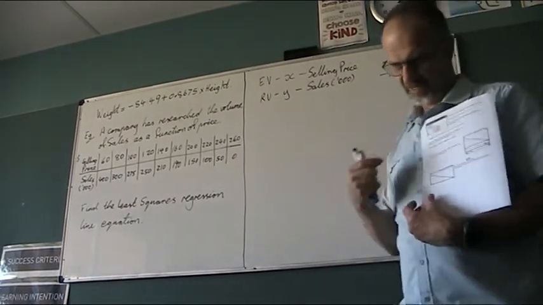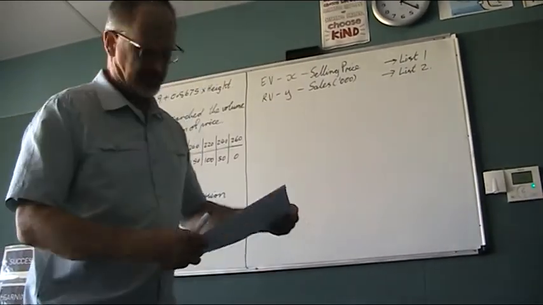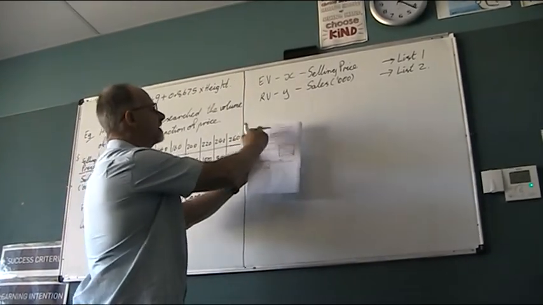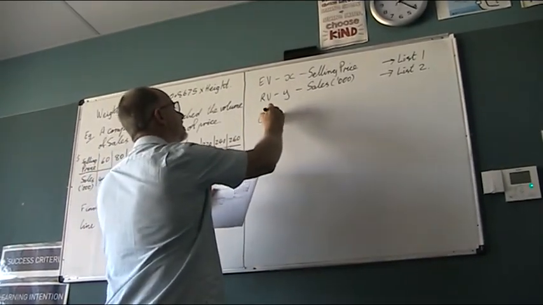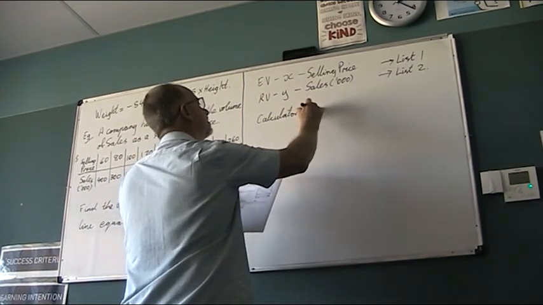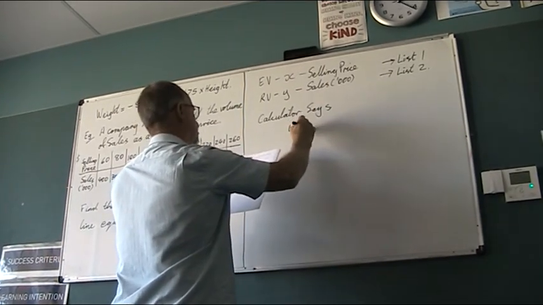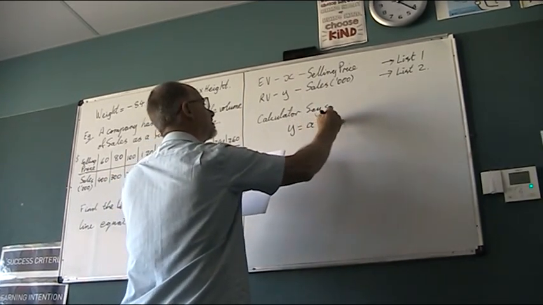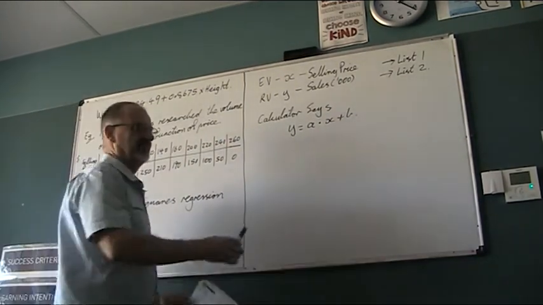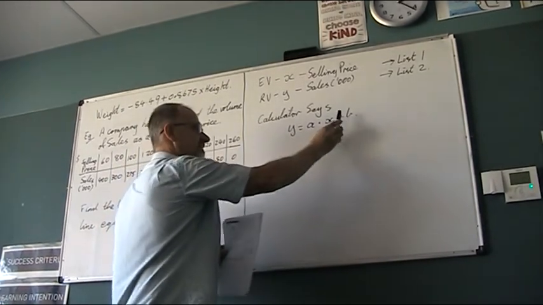Up the top in this little box, the calculator says we've got y equals a dot x plus b. The dot is just what the program has used to mean times, so it means multiplication: a times x plus b.